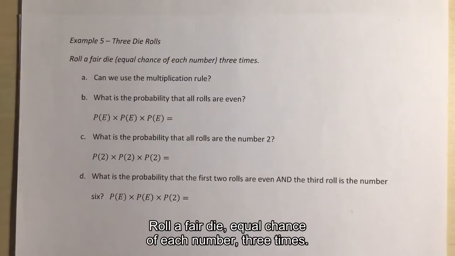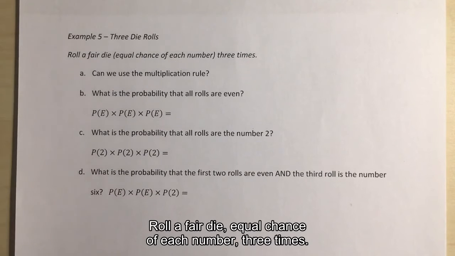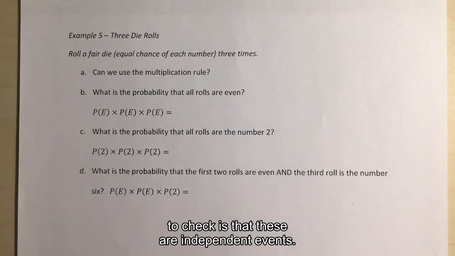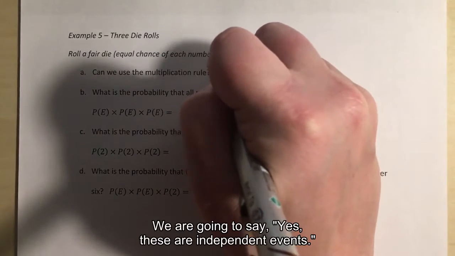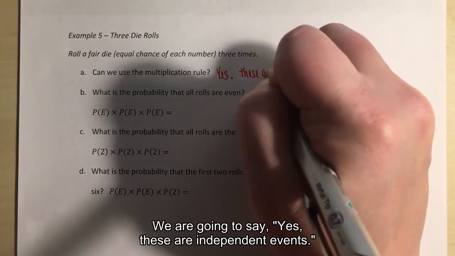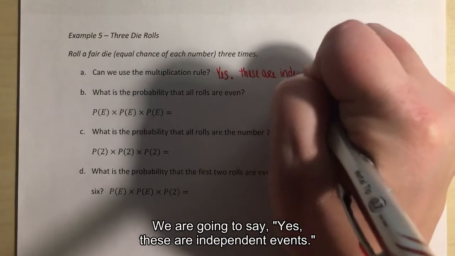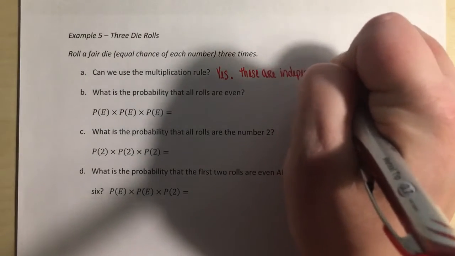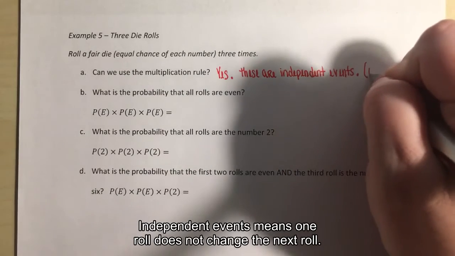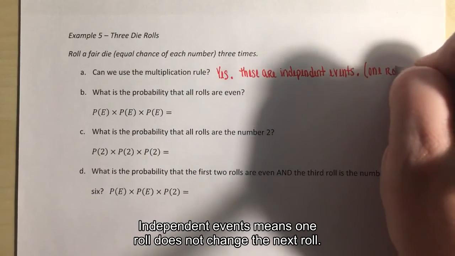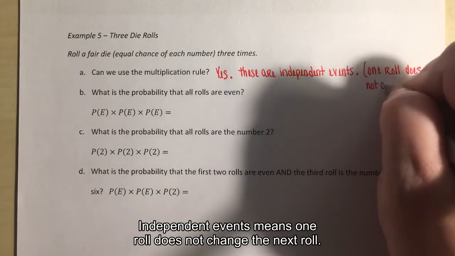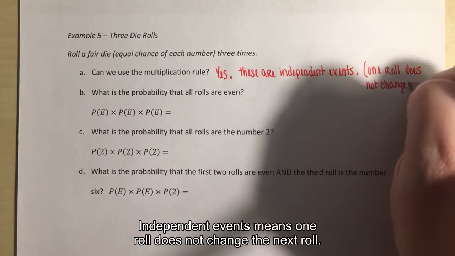Right, so roll a fair die, equal chance of each number, 3 times. Can we use the multiplication rule? So what we need to check is that these are independent events. And we are going to say yes, these are independent events. Independent events means one roll does not change the next roll, right?